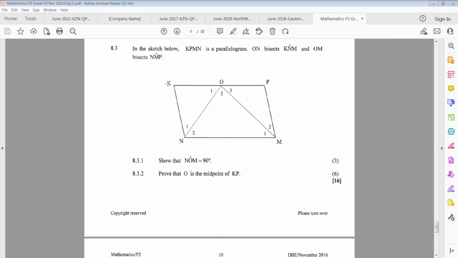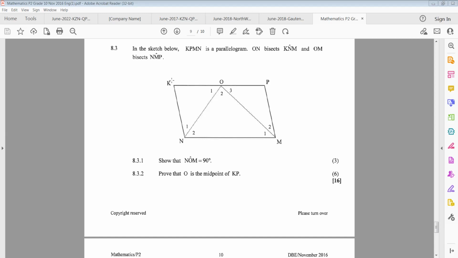Now that we know that it's an isosceles triangle, the next thing you have to write there is that KN is equal to PM. The reason is that opposite sides of a parallelogram are equal. Therefore, KO is equal to KN.